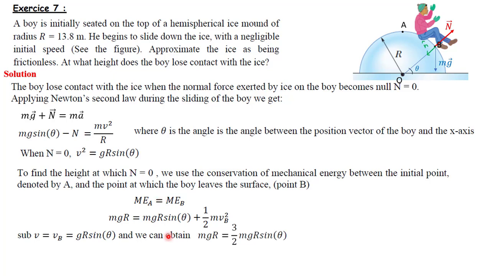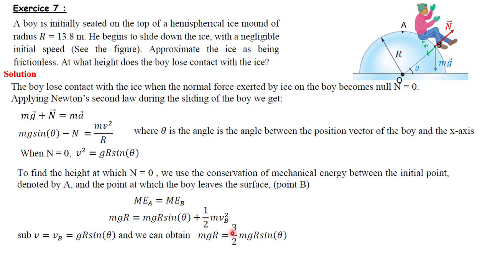Let's replace VB here with its expression already found from the fundamental relation of dynamics, and therefore we will obtain that mgR is equal to mgR sine theta plus half mgR sine theta. So here we have mgR sine theta, parenthesis 1 plus half.